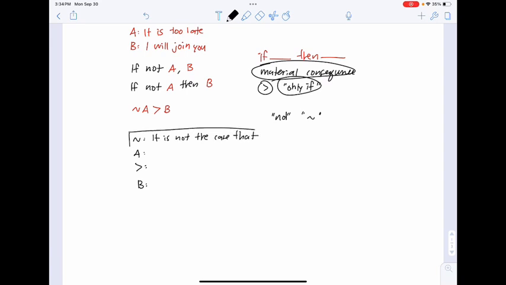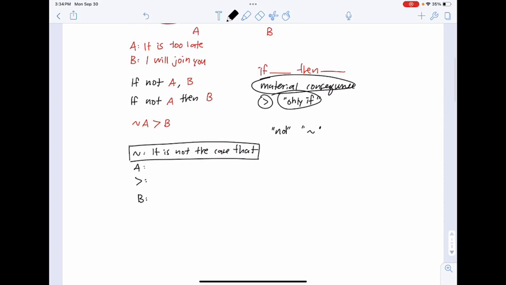So this is going to be something we see a lot, at least in this assignment. The not symbol is always going to be translated into it is not the case that. And then A we know is this one. It is too late, and then we know that this symbol means only if.